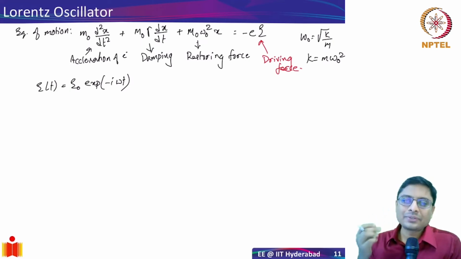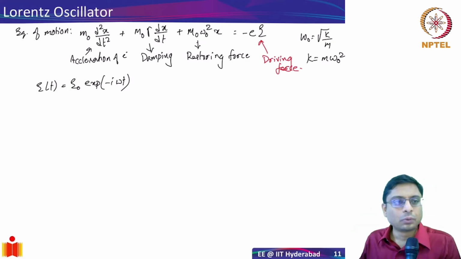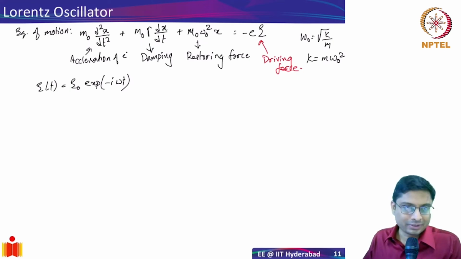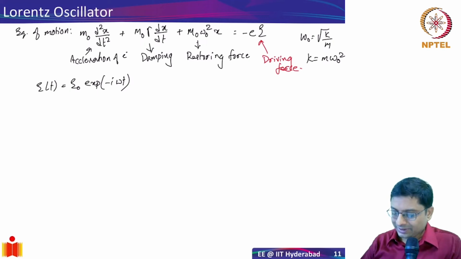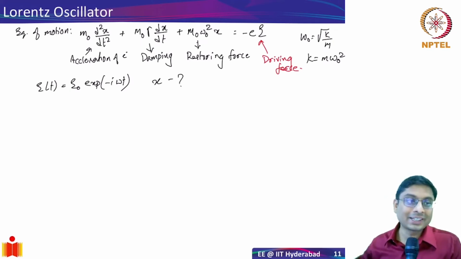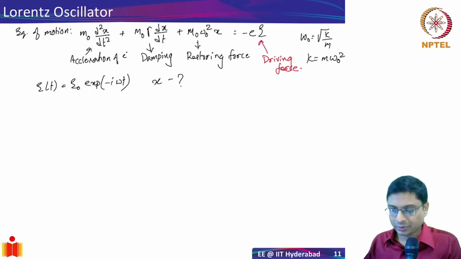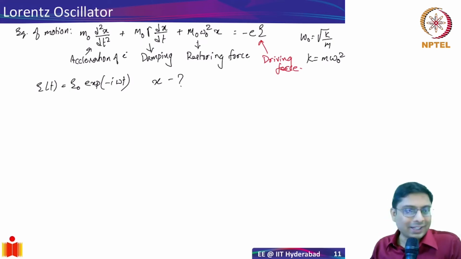Now, if I have such an electric field, what will be the solution of this equation? What do I mean by solution of the equation? Solving the equation means finding what x is. What is the x that will satisfy the equation of motion given to you? The standard approach is to guess an x.